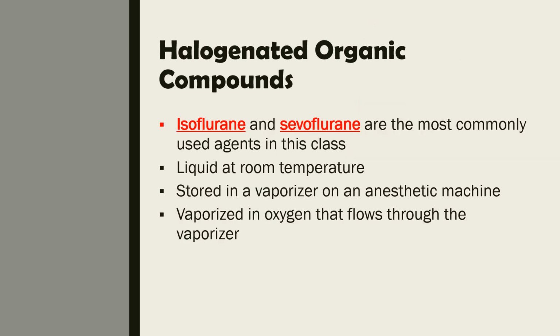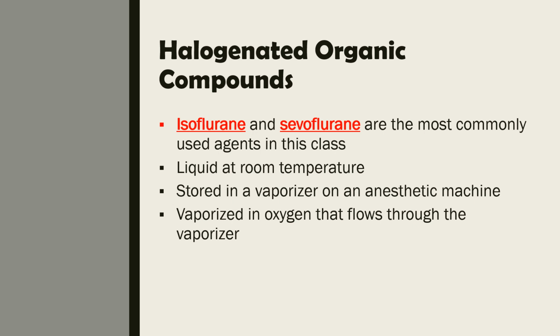Start with the halogenated organic compounds, and this includes iso and sevoflurane. They are the most commonly used agents in this class, and of course in veterinary medicine. They are liquid at room temperature, so we need to store them in a vaporizer.